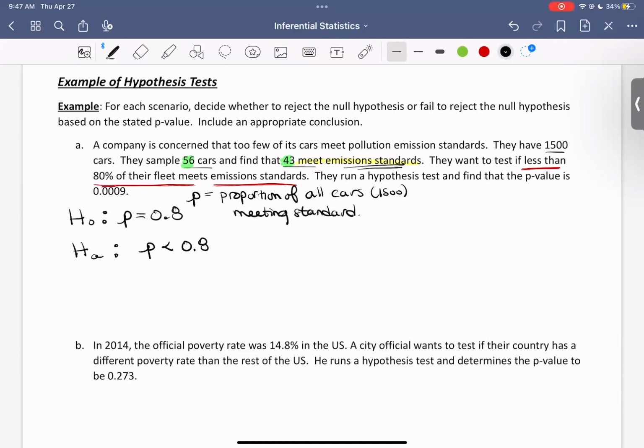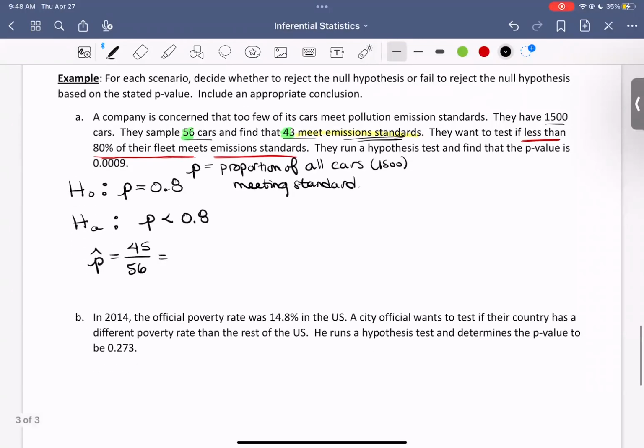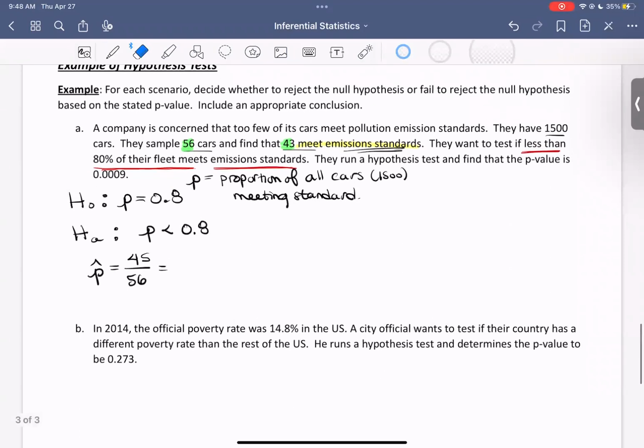Now, what other information are we given? We're given that p hat is equal to 43 over 56. Oh, and I hope you caught me here, I miswrote. We have 43 that meet the emission standard, not 45. So we get about 0.767, we'll approximate here because we have a lot of decimal points.